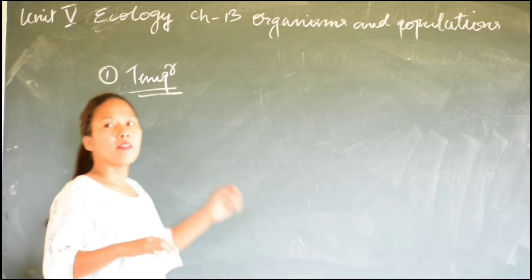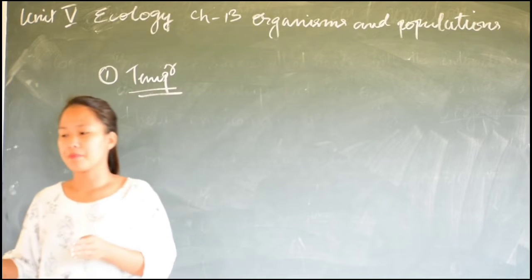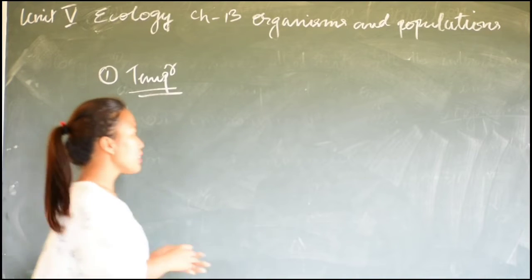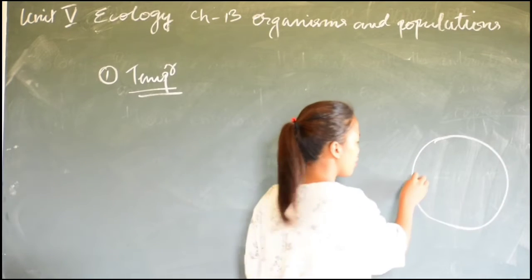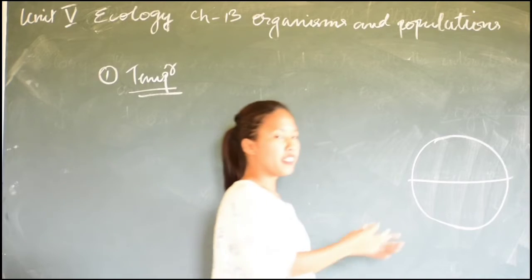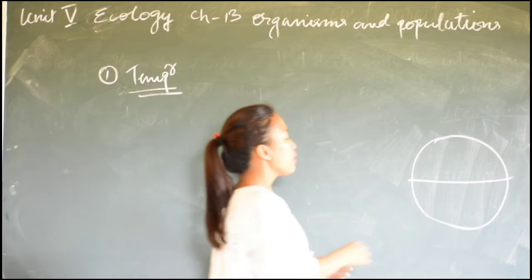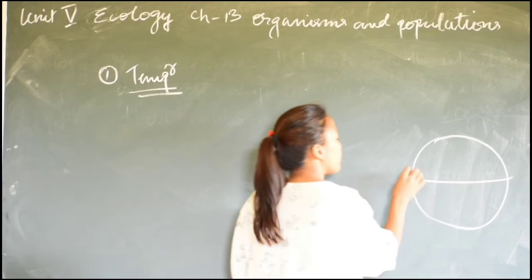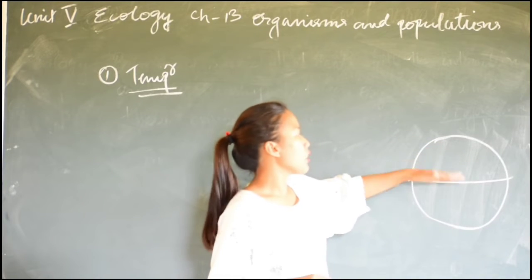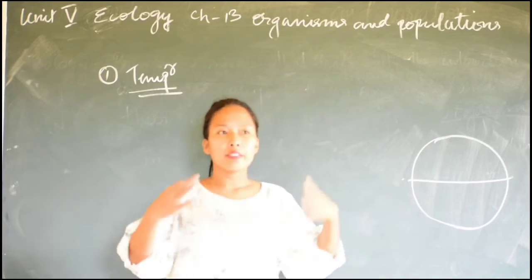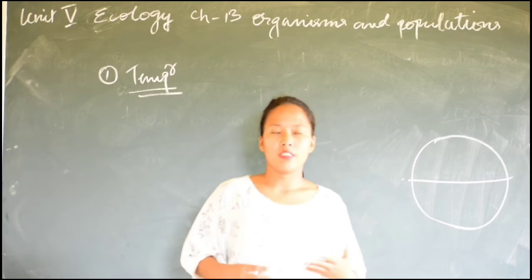Temperature varies from place to place. Suppose this is our Earth, so we have the equatorial region here. The temperature will be very high at the equator, and as we go progressively away from the equator towards the pole, the temperature decreases.